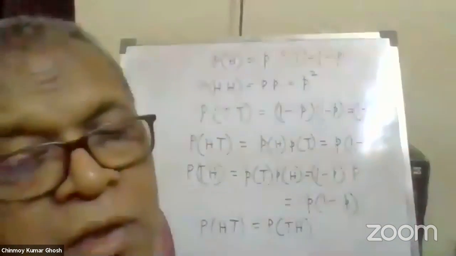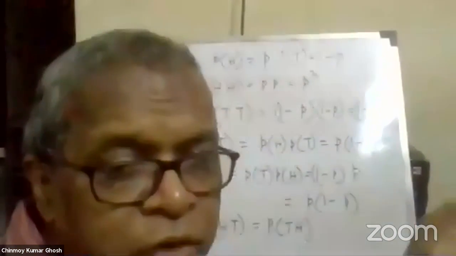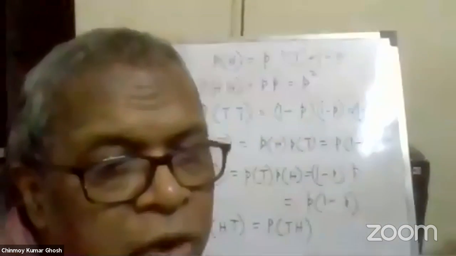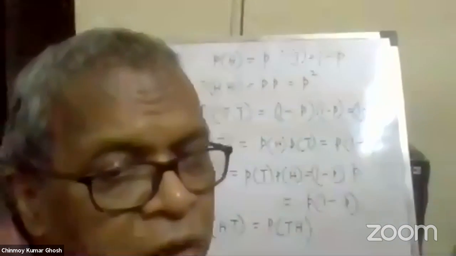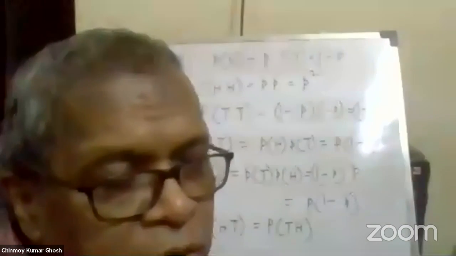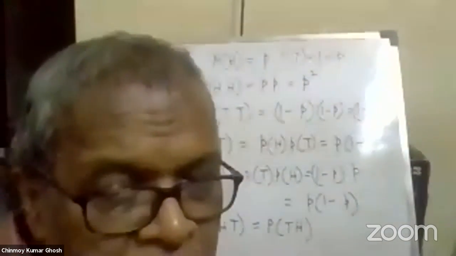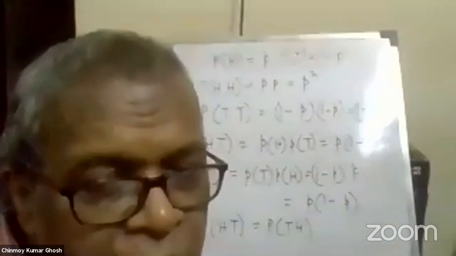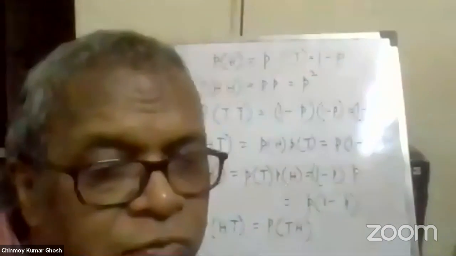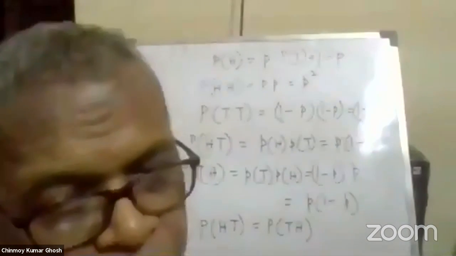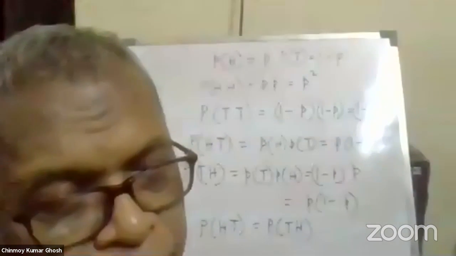You frame a hypothesis that the coin is biased, and the alternative hypothesis that the coin is not biased, and it can be tested using the chi-square distribution, and from that you can arrive at a conclusion, of course within the limitations of the confidence level of 1% or 5%. Okay, sir.